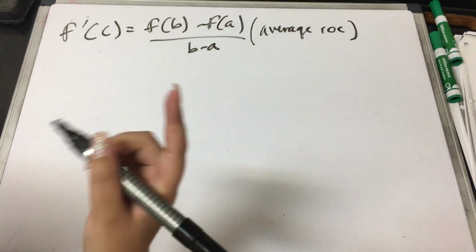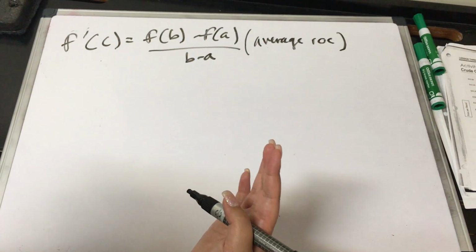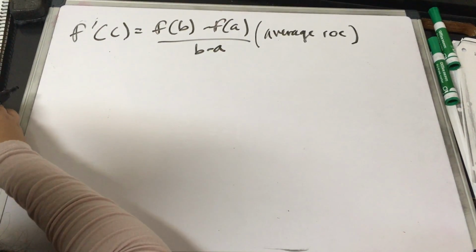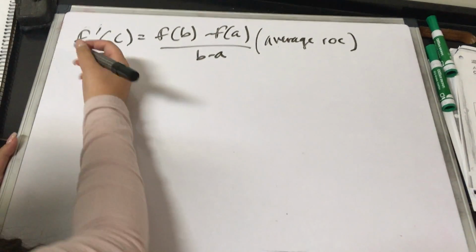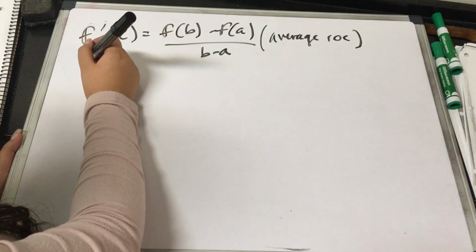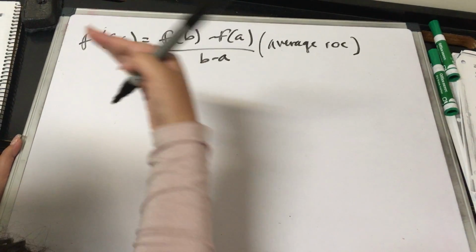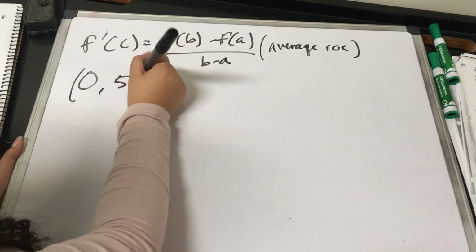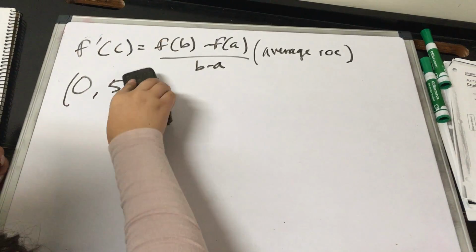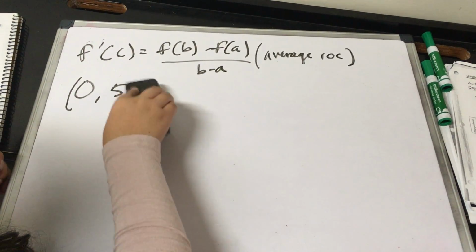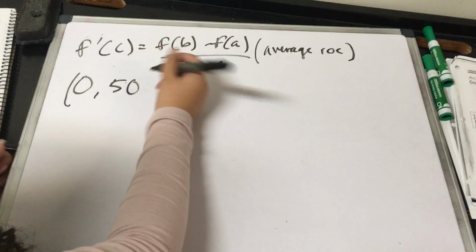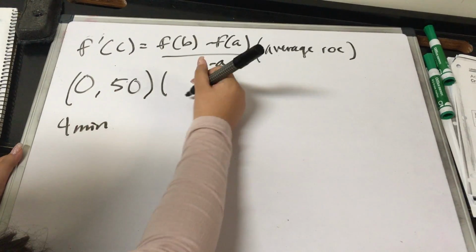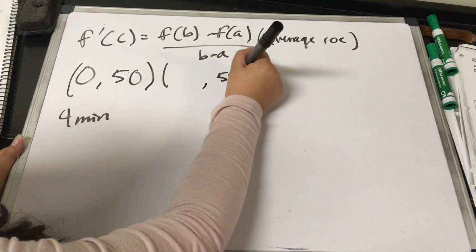Okay, so I have a word problem. You're driving a car and once you start on the highway, at 0 minutes you're going 50 miles per hour, and then at 4 minutes, you're going 55 miles per hour.